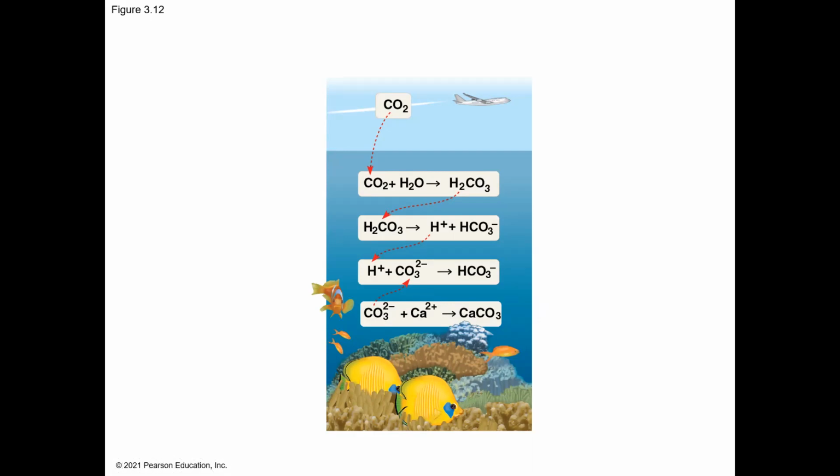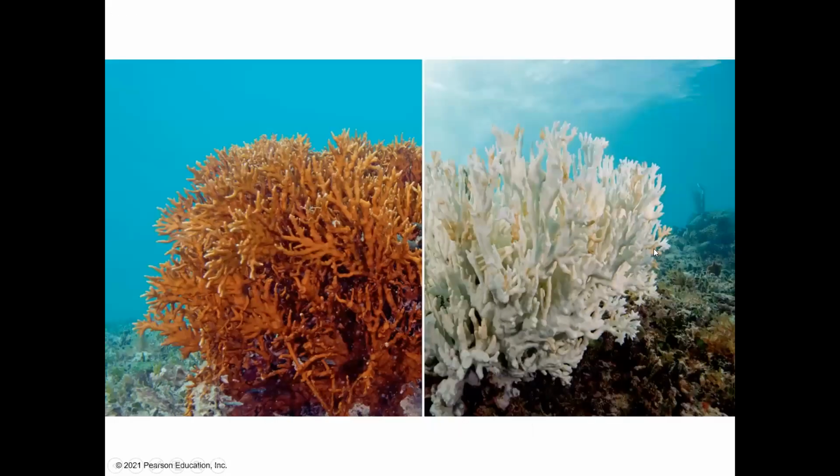So any shelled organism like clams, all the seashells that exist, the corals, they use calcium carbonate to build their bodies out of. If there are large amounts of carbonic acid in the ocean, there's less calcium carbonate for organisms to use. And so a lot of the sea life is dying.